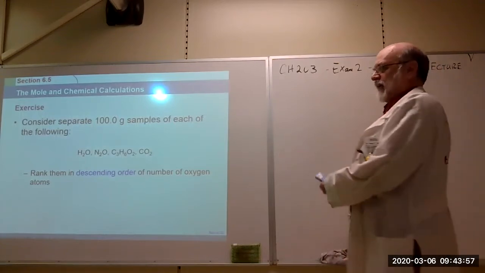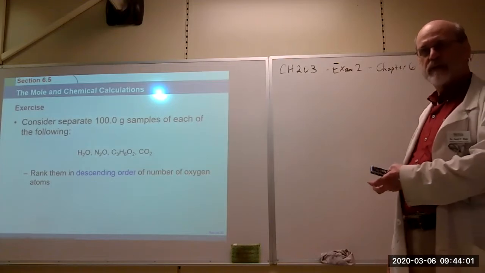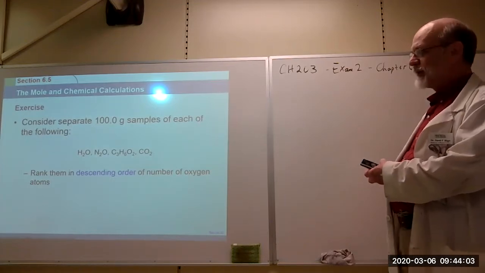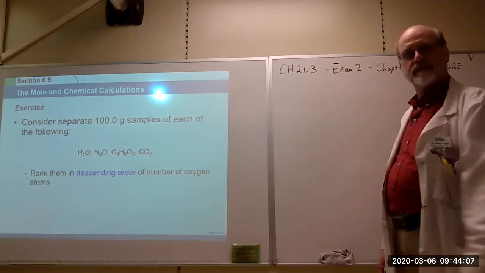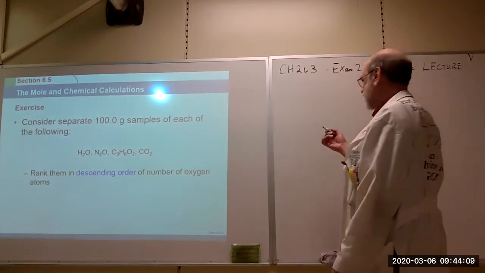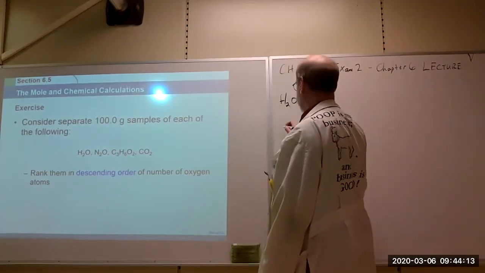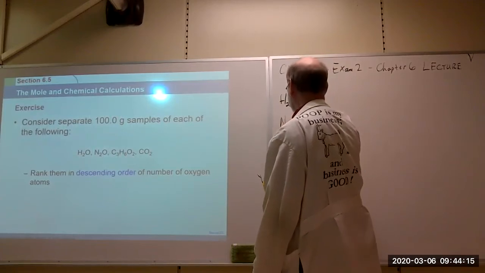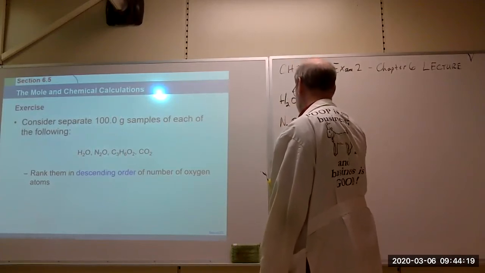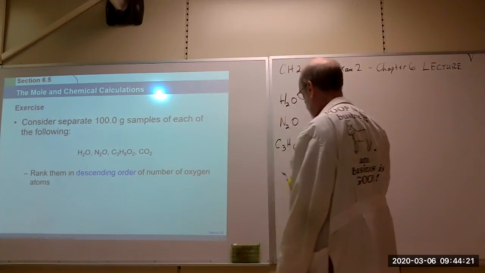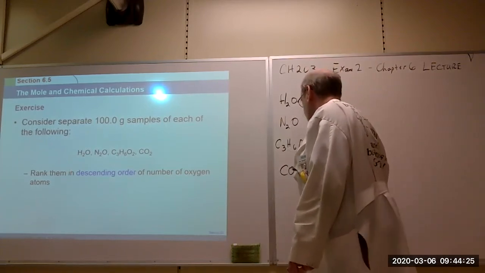Okay? This is a case where I invoke Henry Ford. Set up an assembly line, because you're going to do the same calculation over and over and over again. So let's put them like this: water, dinitrogen monoxide, C3H6O2, that's probably propionic acid, and then carbon dioxide.